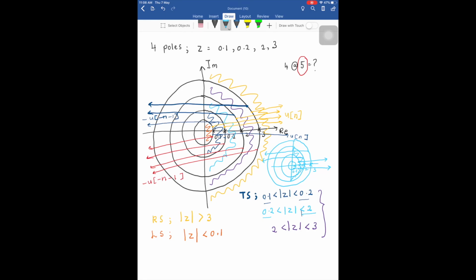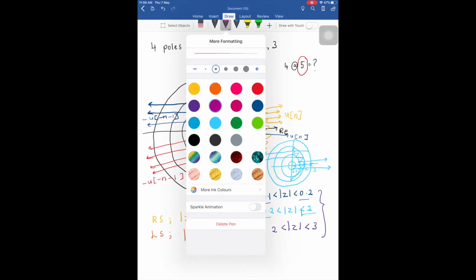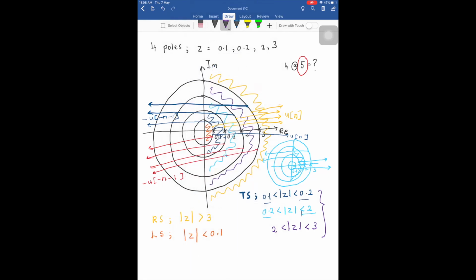What happened to 2 and 3? 2 is your innermost pole, 3 is your outermost pole. So we have 0.1, 0.2, 2 and 3.